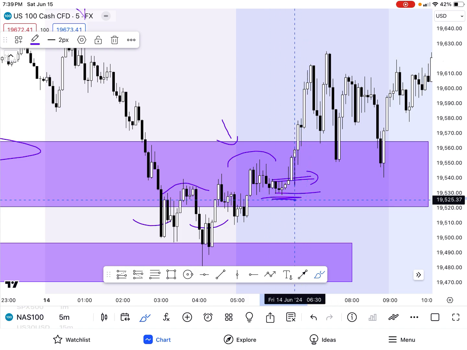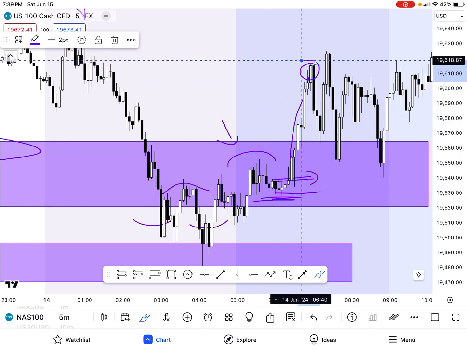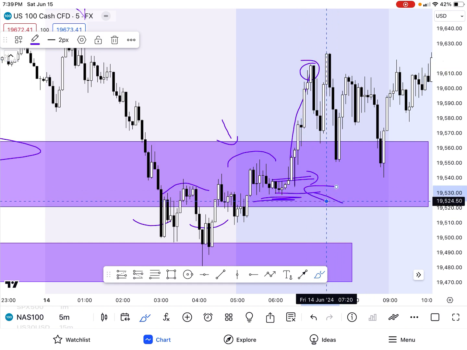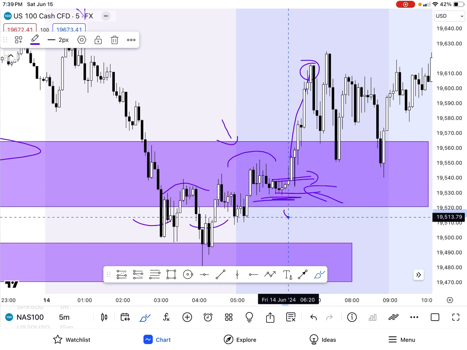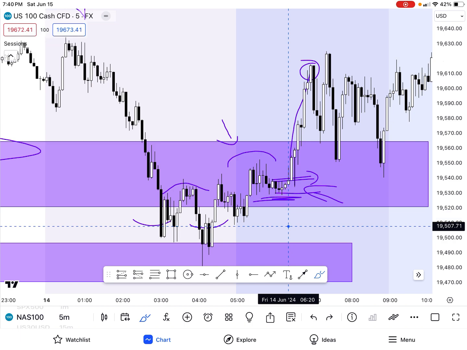I put my stop loss right here, and then I targeted here and got out here. So that is what I was looking at there. I was a part of the move around this time again. This was around 6:30, literally 6:30. That's around the time that I look at the market, especially on NAS 100 and US30.